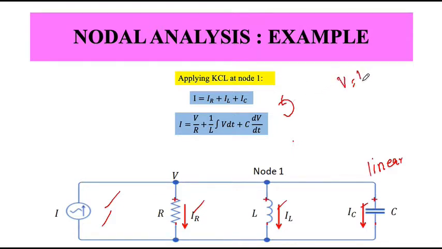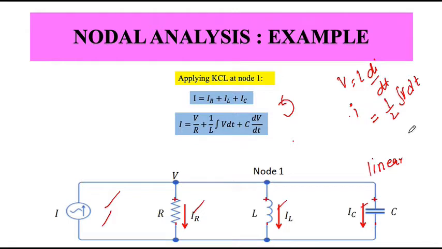V is equal to L di by dt, and I can rewrite this as current I is equal to 1 by L integration of V dt.